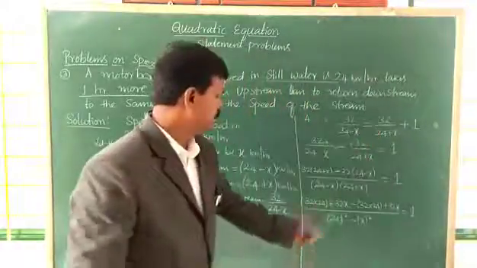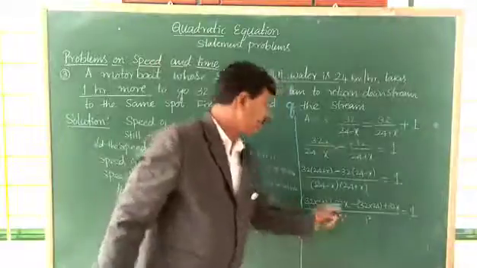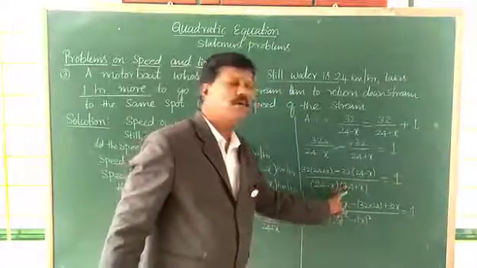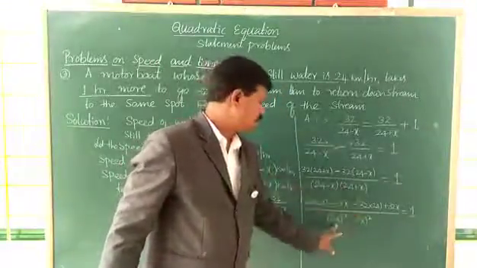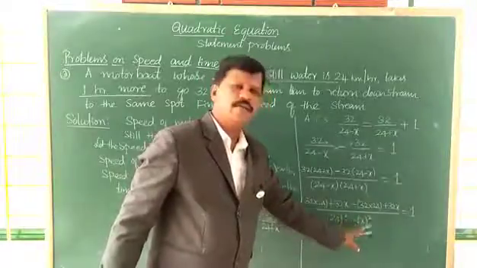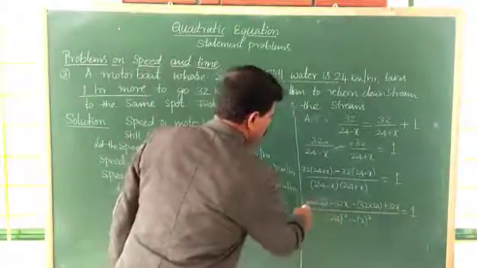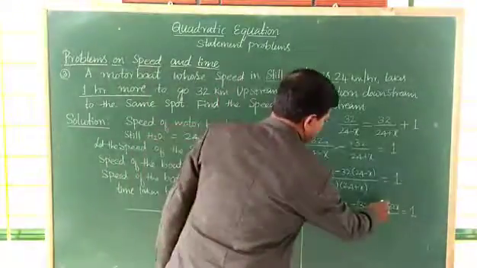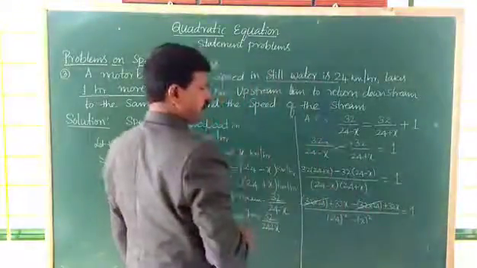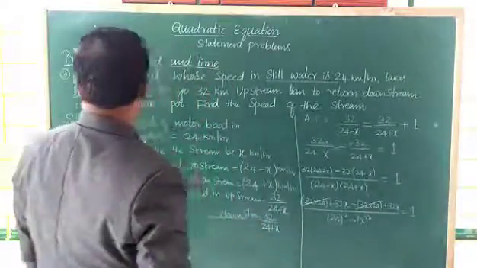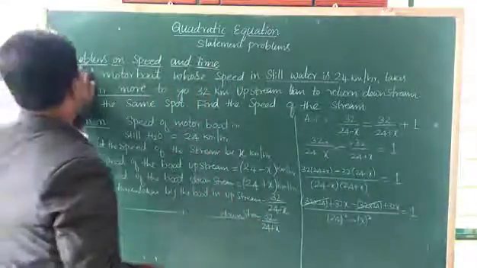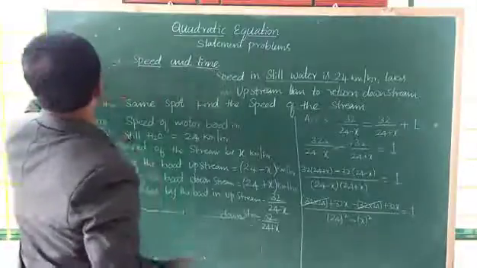Why have I written this in this form? Because this is the (a minus b) into (a plus b) form, so I have written it as 24 square minus x square. Clear?